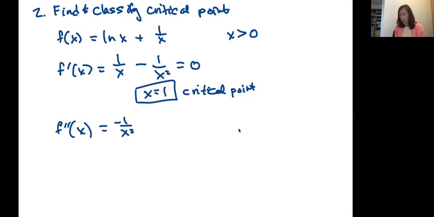Maybe I'll just write out that process: minus the derivative of this term is negative 2x to the negative 3 power. What I was starting to explain in words is easier to show: the two negative signs will cancel out, and I'll get negative 1 over x squared plus 2 over x cubed.